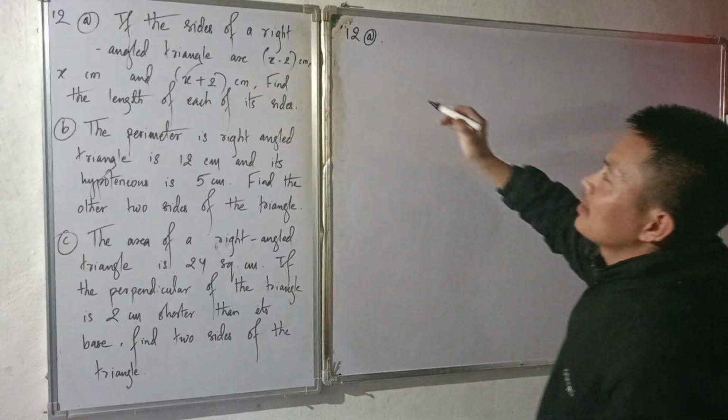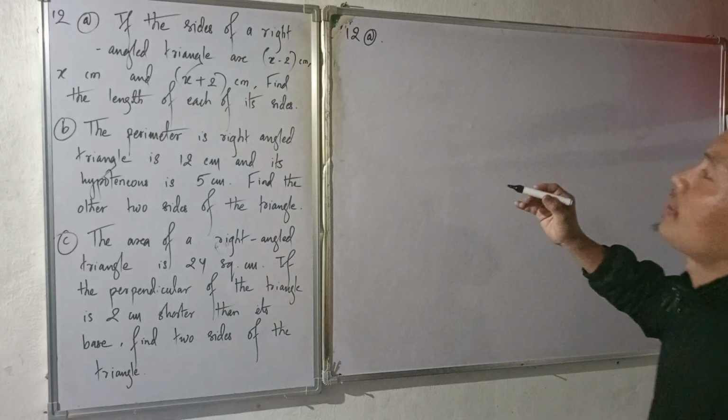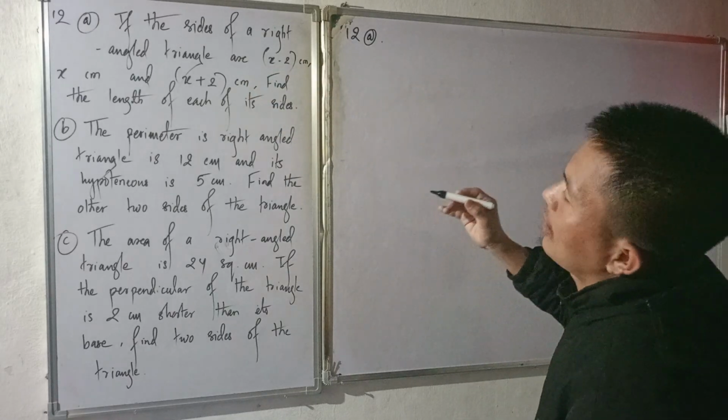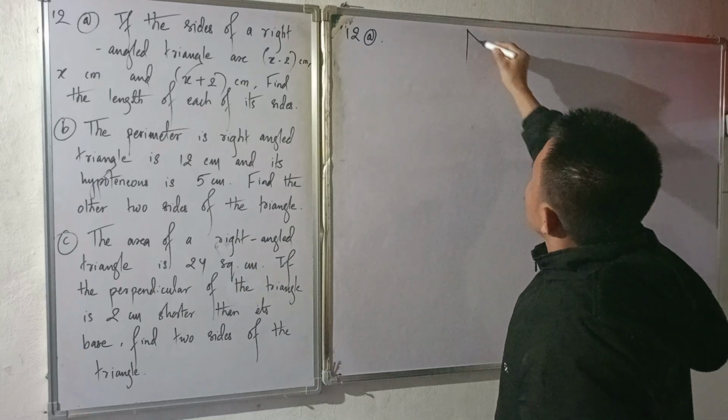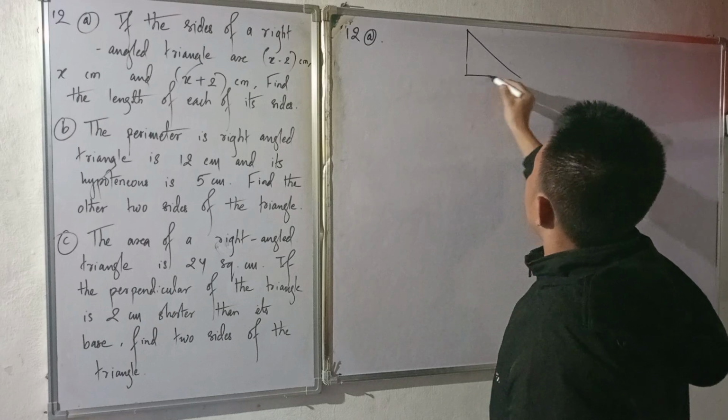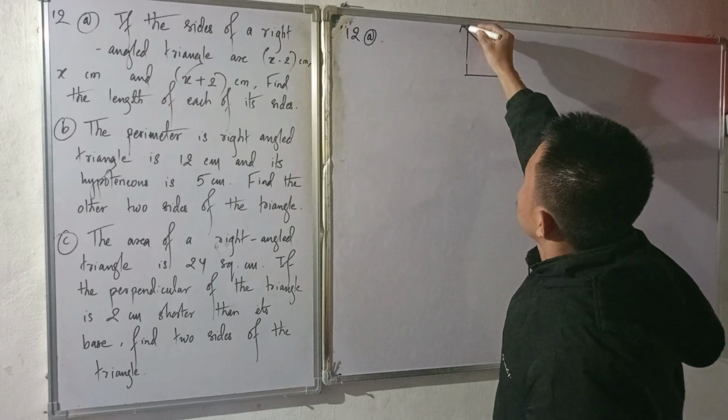If the sides of the right angle triangle are x minus 2, x, and x plus 2. So, in a right angle triangle, suppose this is the right angle triangle.